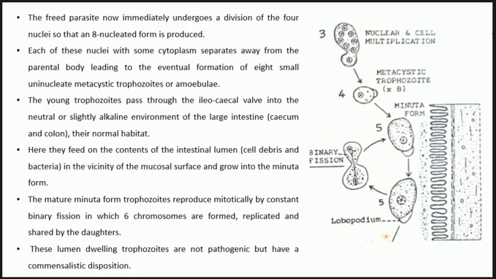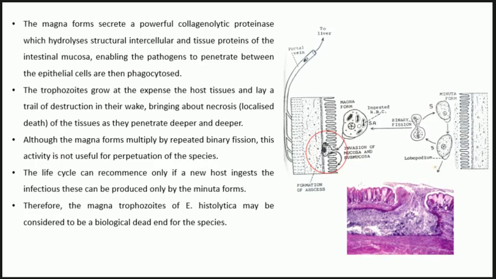Now once the magna form is formed, from here onwards you have the actual disease infection. So as you can see, initially the cyst enters the body through water or food contamination, goes from the stomach towards the small intestine, and at the end of the small intestine it comes out of the cyst with 4 nuclei.